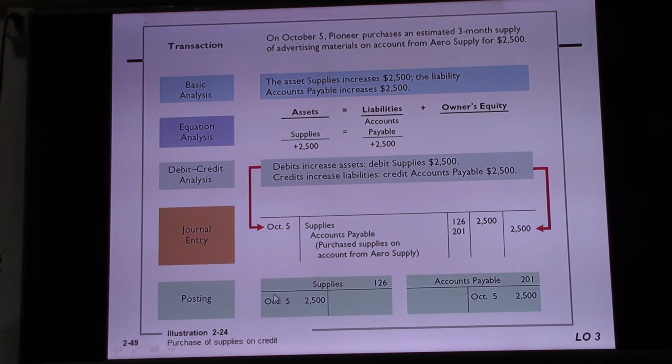We will perform a new or an individual T account for supplies, and we will transfer this amount from the debit side of the journal entry to the debit side of the T account by $2,500. And also we perform a T account for accounts payable, $2,500. This will be transferred in the credit side of the T account by the same value, which is $2,500.